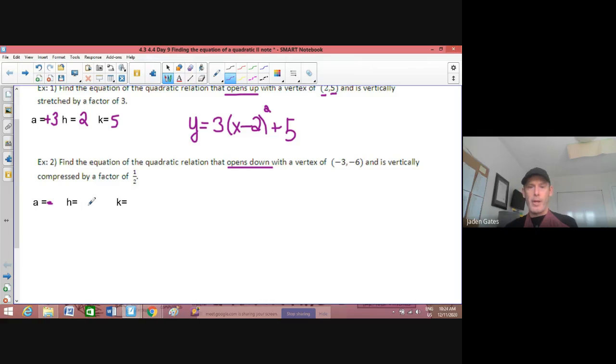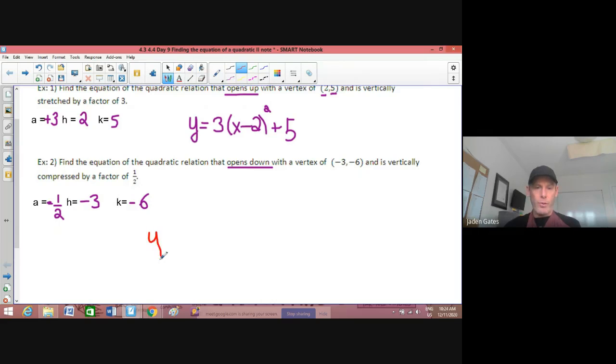So that's telling me negative 3, that this is shifted left 3, so my H is negative 3. Down 6, so my K is negative 6. And then it is vertically compressed by a factor of a half. So the number on my A is 1/2. All right, so now I can write the equation.